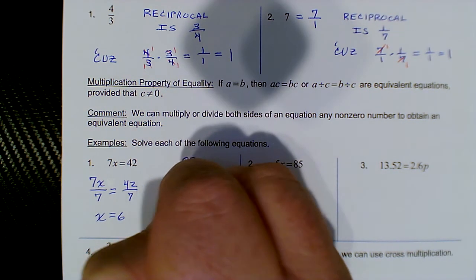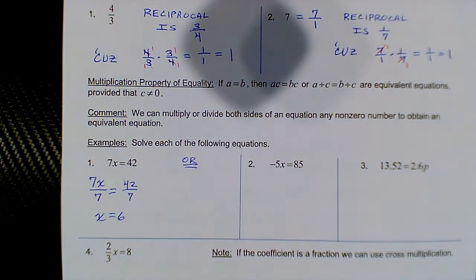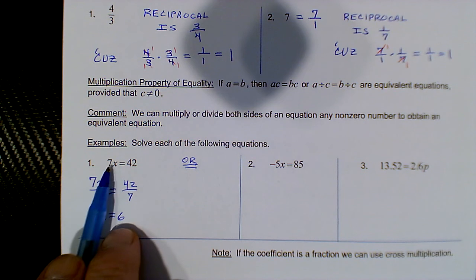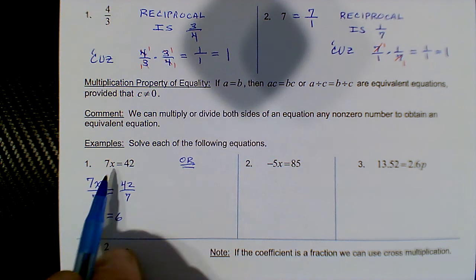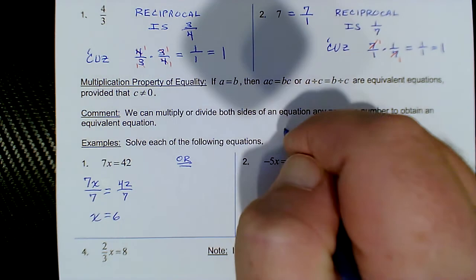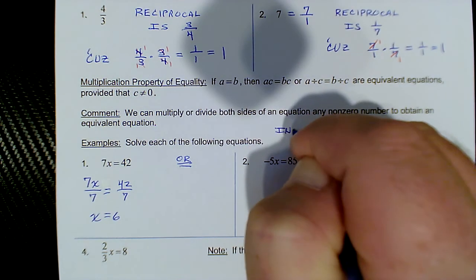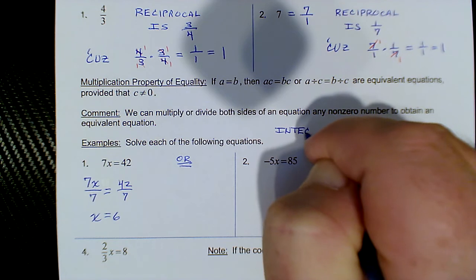Now, the reason why I went over the reciprocal concept is because, and most people do not think this way, if the coefficient is a whole number, everybody thinks of just dividing by that coefficient. I should say, instead of whole number, I should say integer, because you want to get used to this term.